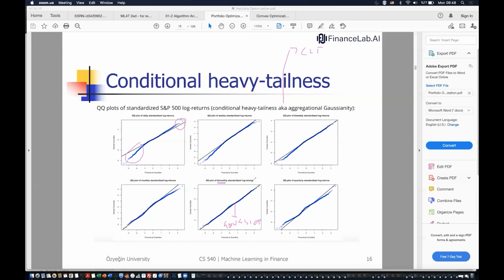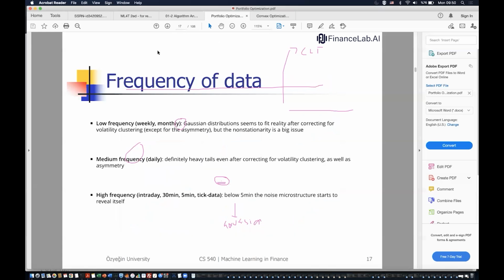If we increase the interval we are looking at, such as monthly, bi-monthly, and quarterly, the distribution becomes Gaussian, especially in the bi-monthly case, as you noticed here. This is known as aggregational Gaussianity, and conditional heavy tailness is another term given to this effect.